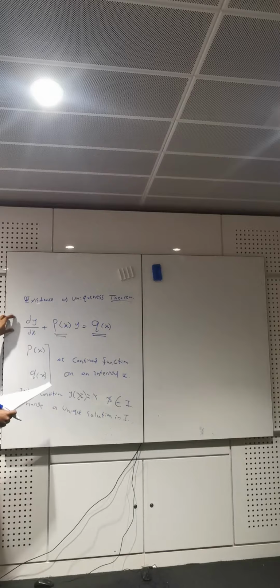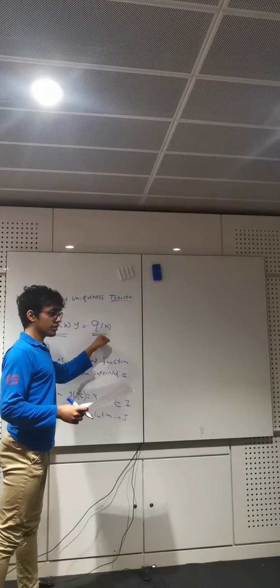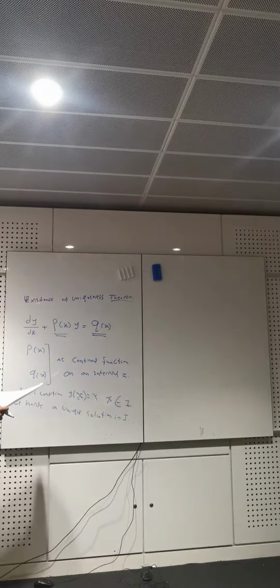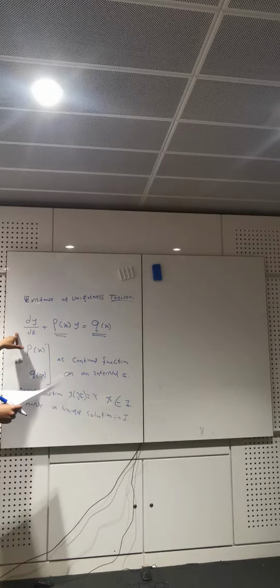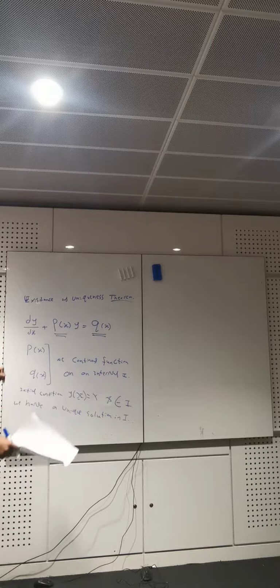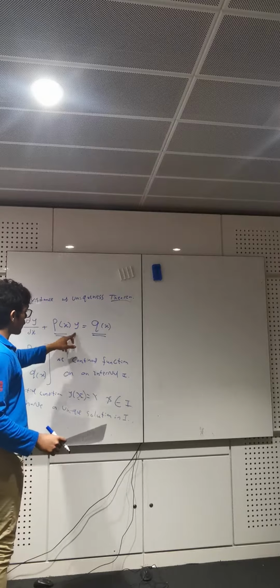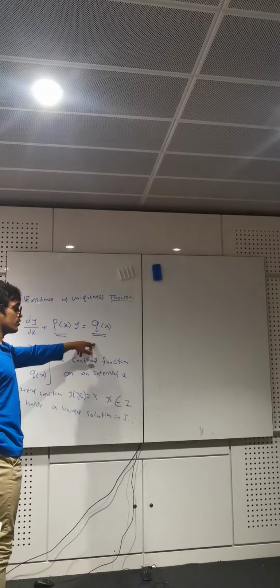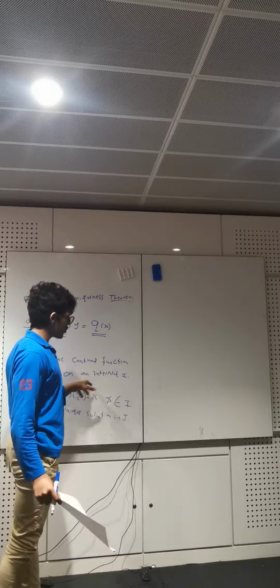The theorem says that imagine if we have, first thing, a linear differential equation. So we must have a linear one. This theorem only talks about linear differential equations, first order for now. It tells you to take the coefficient of y and take the other function of x, which is q of x, and see if those two functions are continuous.